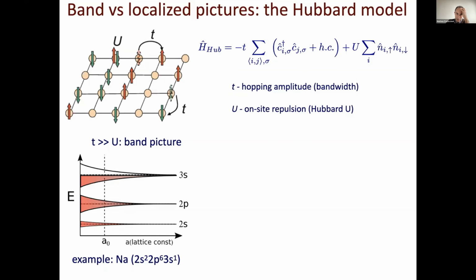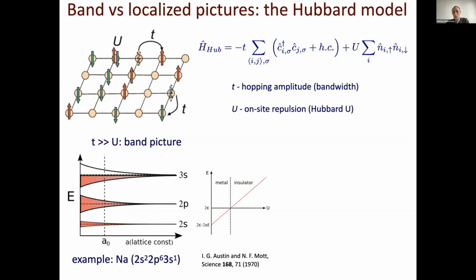But of course, this is not necessarily a metal, at least if U becomes bigger. So if the kinetic energy, or if you want the single particle energy, prevails over the Coulomb repulsion between electrons, then yes, we can say that the electronic system is delocalized. Okay, so the kinetic energy is the main character of this system.